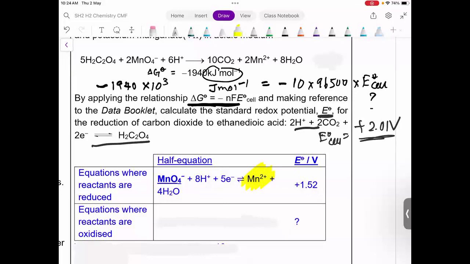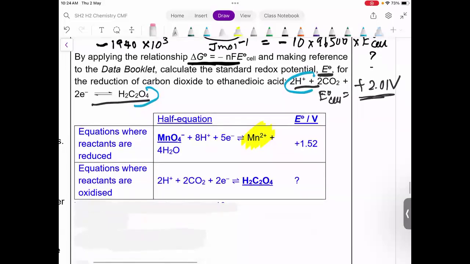Then recognize that this is your anode reaction. So anode reaction will be as such, and you have to calculate the E naught value. You apply this: E naught cell is equal to cathode minus anode.